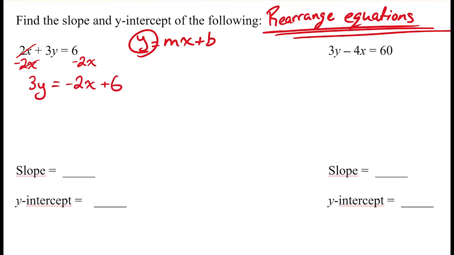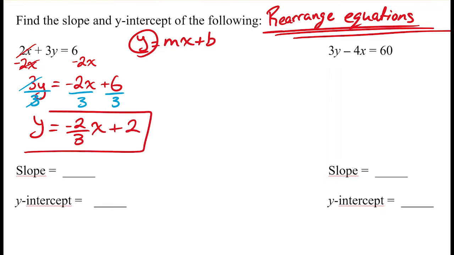And then now, if I want to get y by itself here, I'm going to have to divide by 3 on both sides of the equation. So I'm going to get y equals -2/3 x plus 6 over 3 is 2. Perfect. So what's our slope? Well, our slope is -2/3, and our y-intercept is +2.